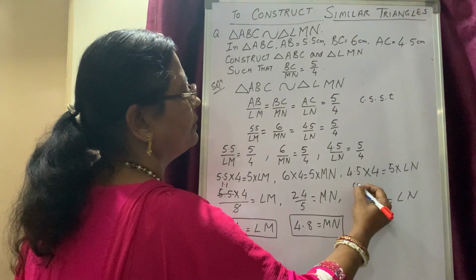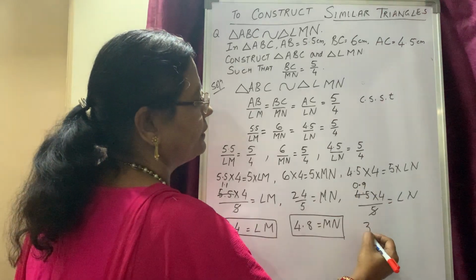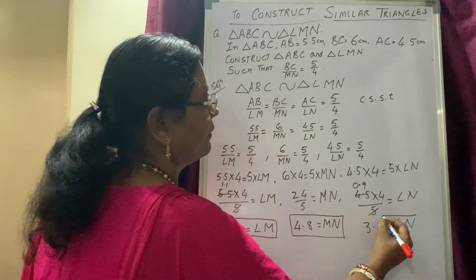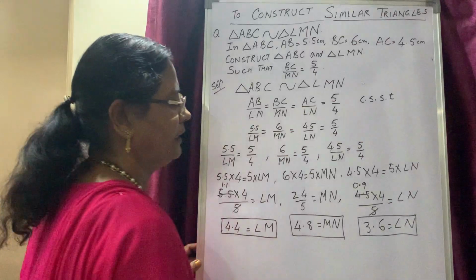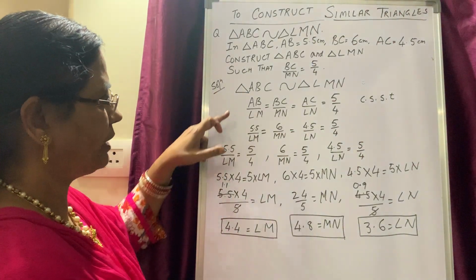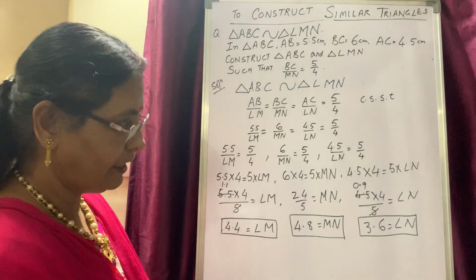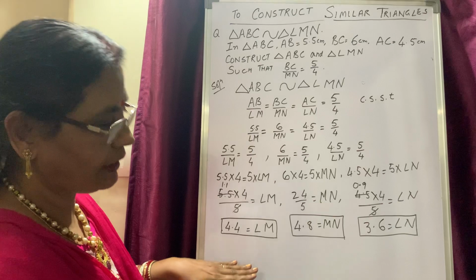Dividing, we will get 3.6 is equal to LN. So, in this manner, given the three sides of triangle ABC, we can calculate the three sides of triangle LMN. Now, we know all the three sides of triangle ABC as well as triangle LMN.